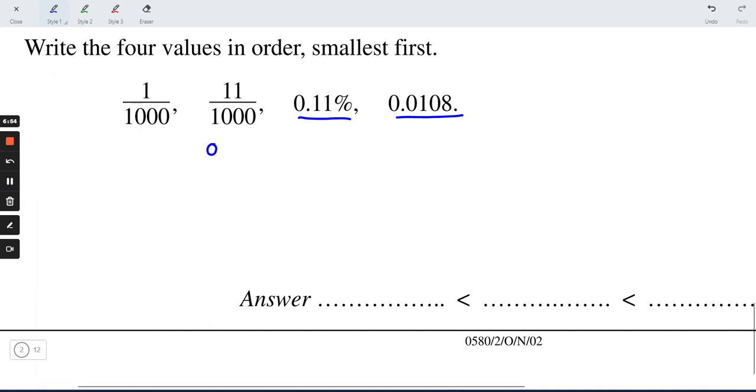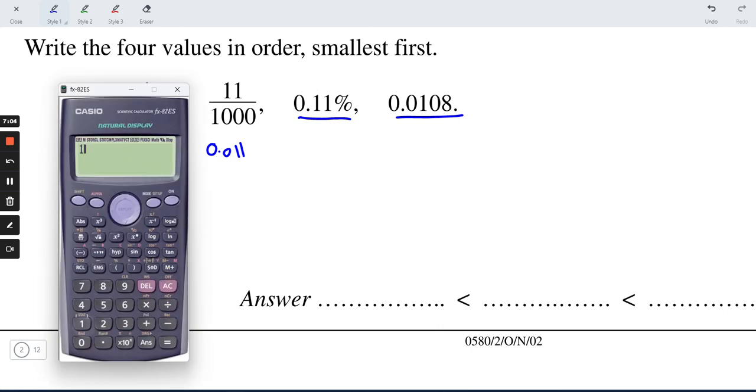Here 0.011. Here we move 3 places, 0.001. You can check it also in your calculator: 1 dividing 1000 equals 0.001.